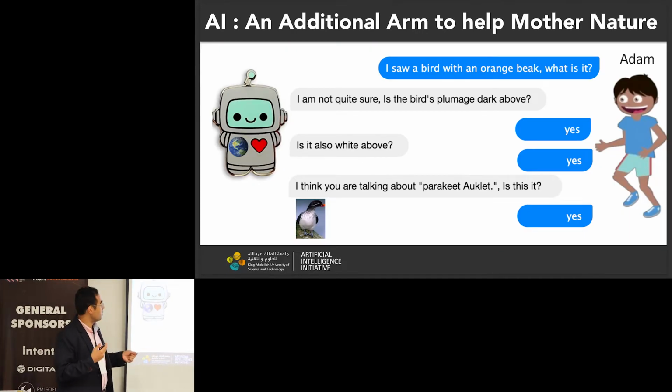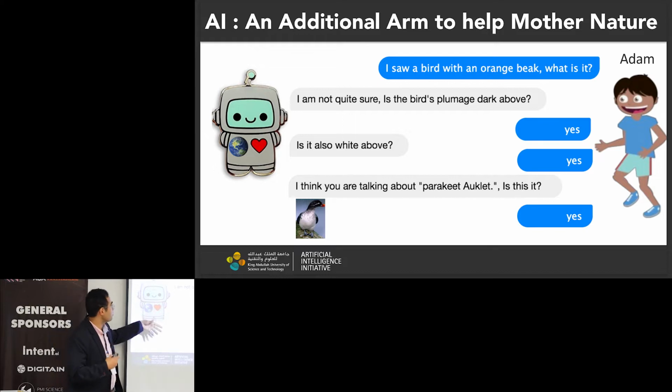So imagine, for example, this is the kid that just lost that bird. He no longer has a picture of the bird, but he can remember how to describe it. He can just say, I saw a bird, but it looks like this bird has an orange beak. And then he asks this robot that loves Mother Nature, and maybe the information is not sufficient.